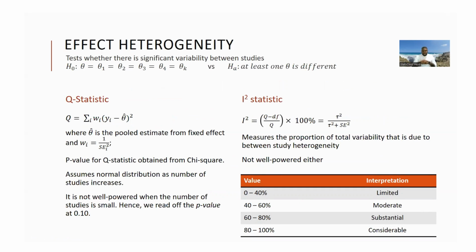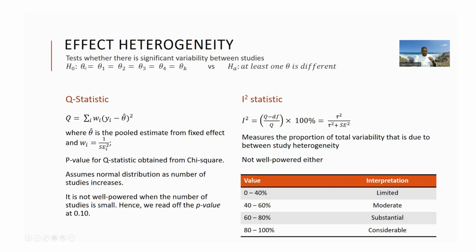So how do we test effect heterogeneity in our studies? First of all, we need to understand that the null hypothesis that we're testing is that the pooled point estimate and the point estimates in each of the studies are the same, right?